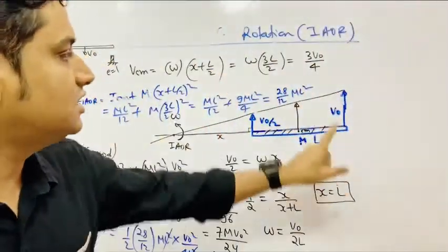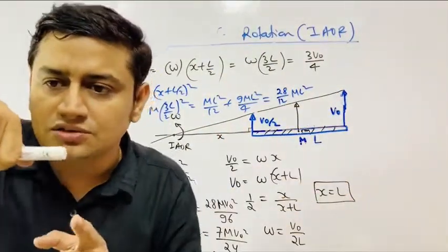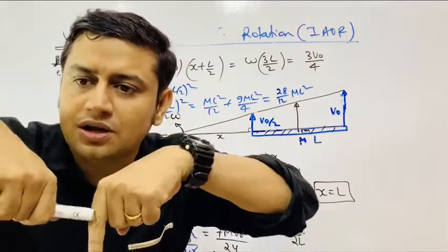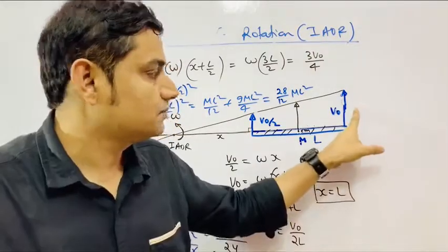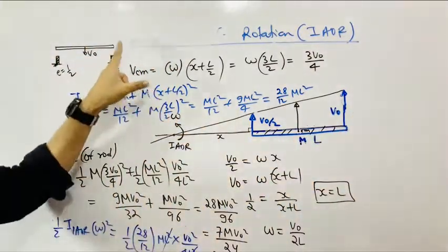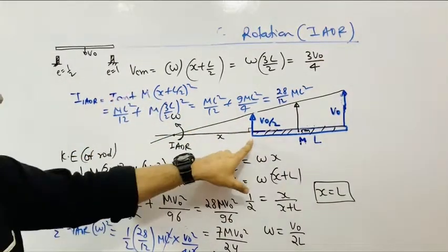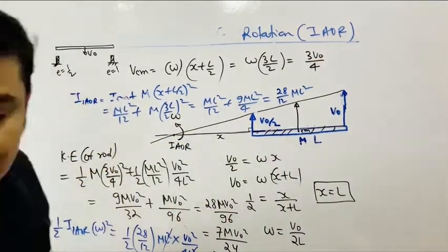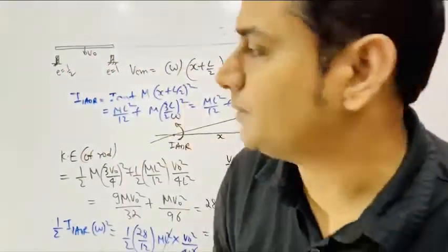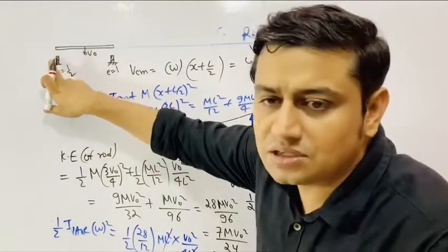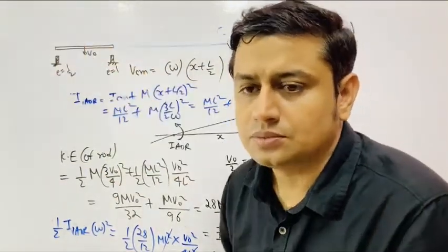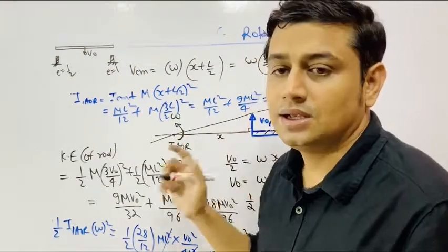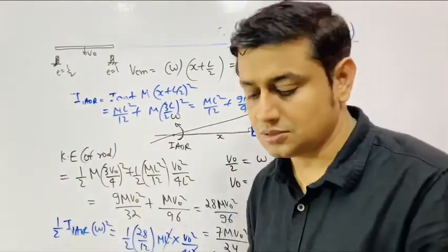That means at this point, the downward velocity v naught became upward velocity v naught. And at the left point, velocity of separation is E times the velocity of approach. That means the incident velocity v naught becomes v naught by 2. That is why it started to rotate and translate both.